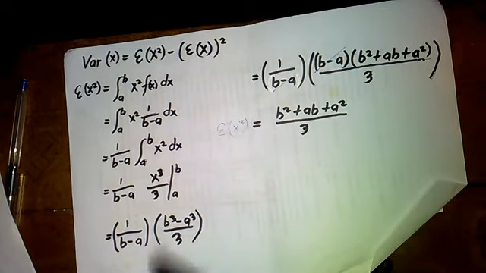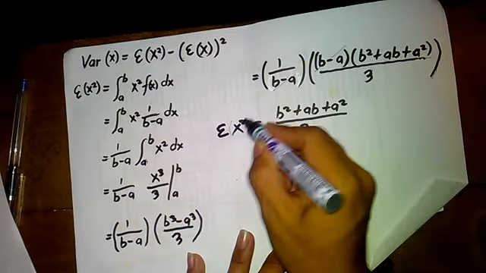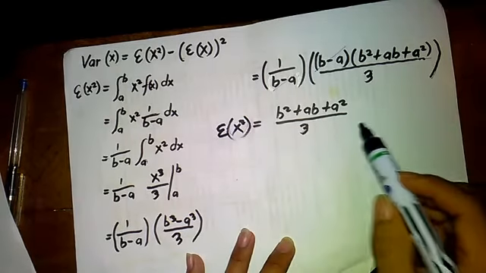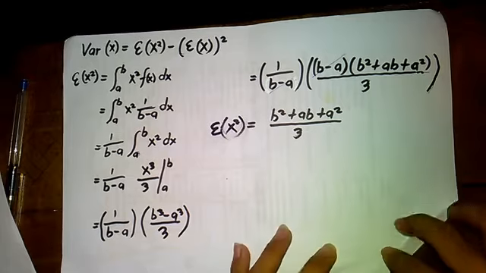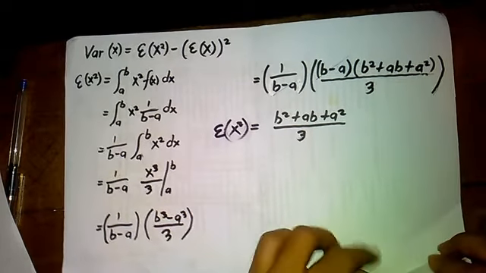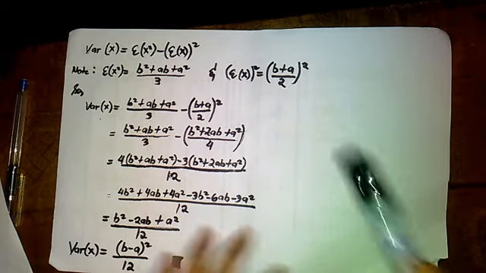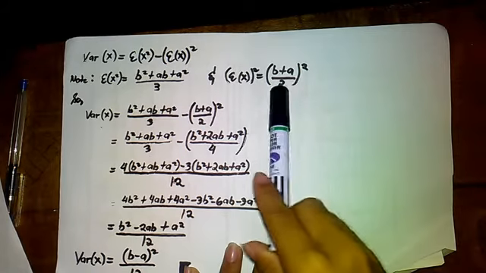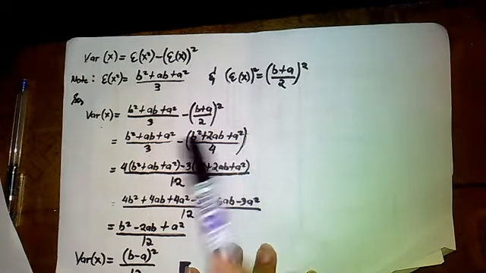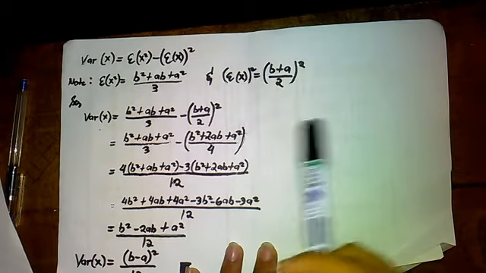So the second moment is b squared plus ab plus a squared all over 3. Now we get the first moment squared. Our first moment squared is simply b plus a over 2 squared, because we know that our first moment is b plus a over 2.